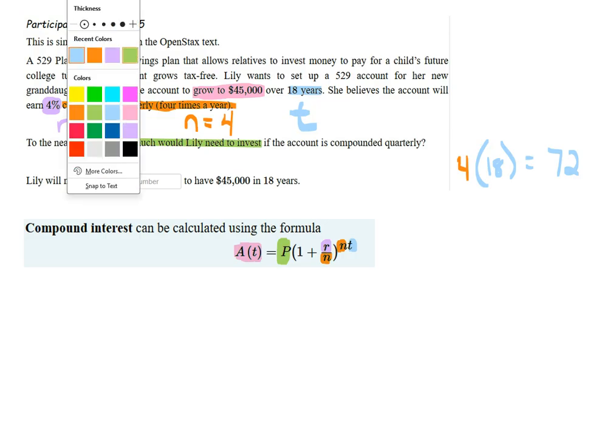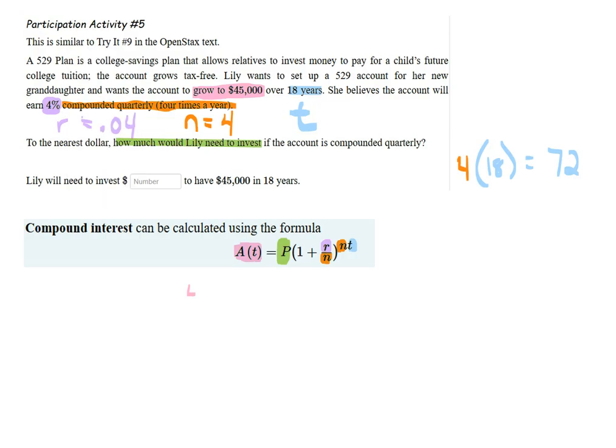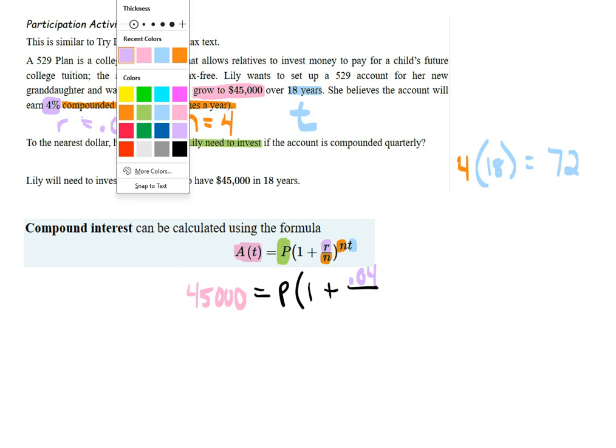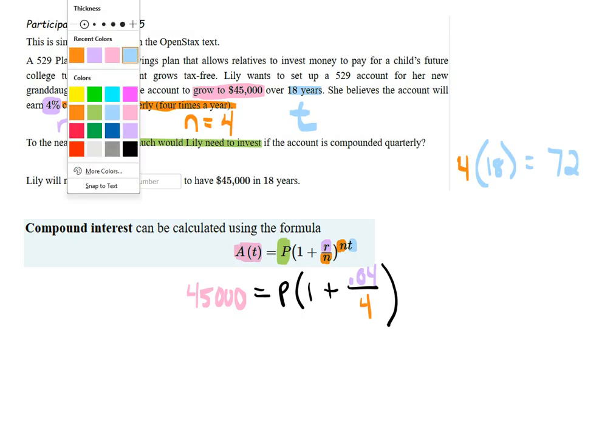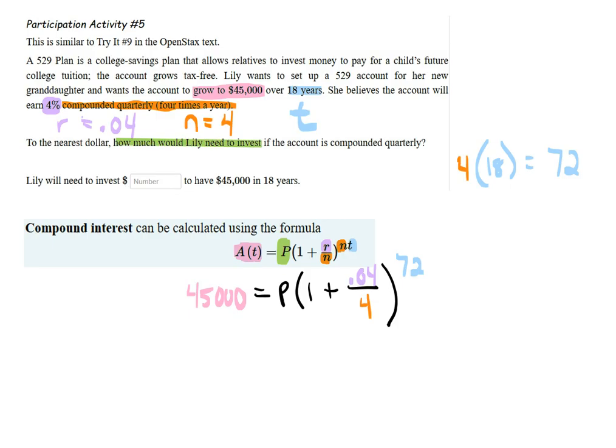So the 45,000 goes here, equals P, which is what I'm looking for, times 1 plus 0.04 over 4, raised to the 72nd power. I know T is 18, but I have to take 4 times 18 to get the total number of times that it's going to calculate this.